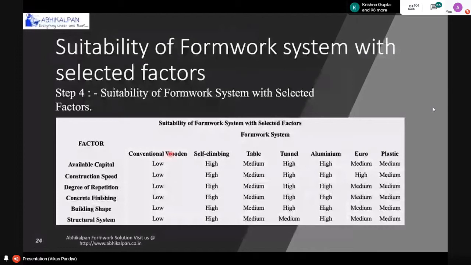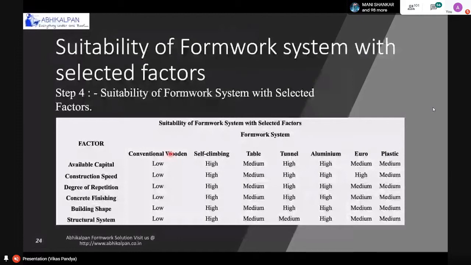For example, if your available capital is low, then the wooden conventional system will be the best suitable formwork system for you. And for tunnel form, you require a higher available capital. Same as for degree of repetition. If you have table form, then you get a medium degree of repetition.